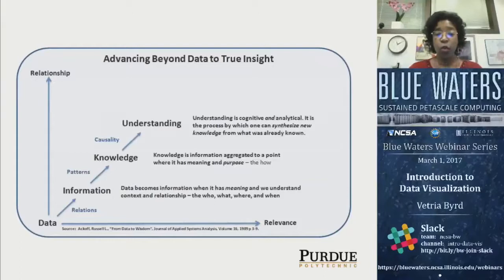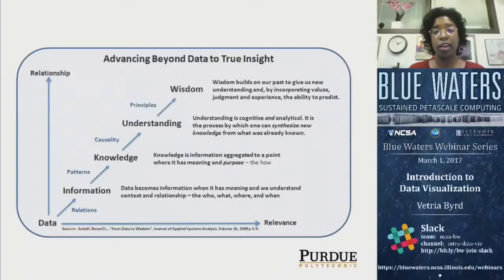Once you have that knowledge, it enables you to have an understanding of what type of data you're dealing with, or how you can synthesize new knowledge from what you already know. And then ultimately what we want is, like I said, that insight.